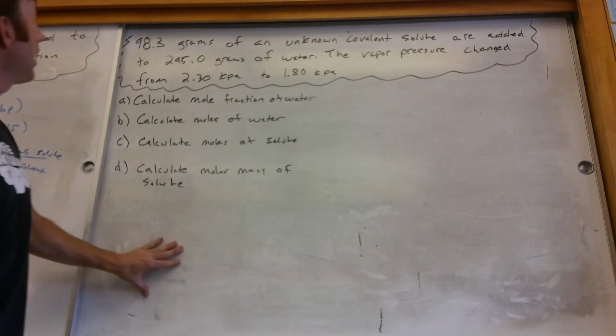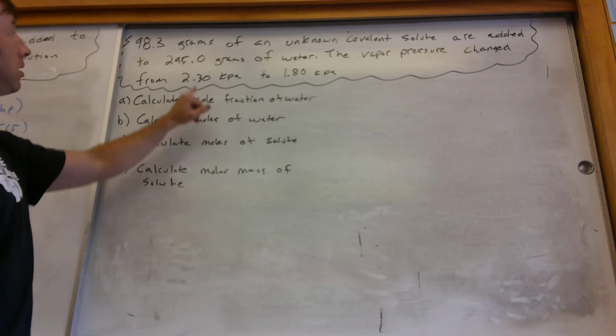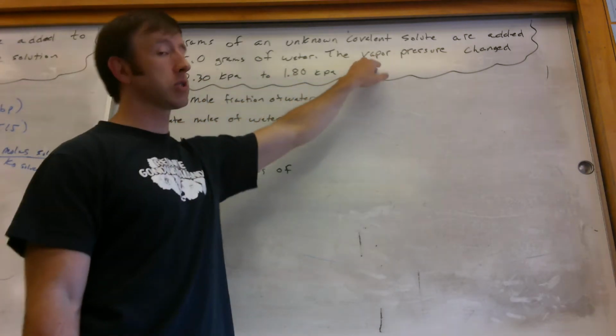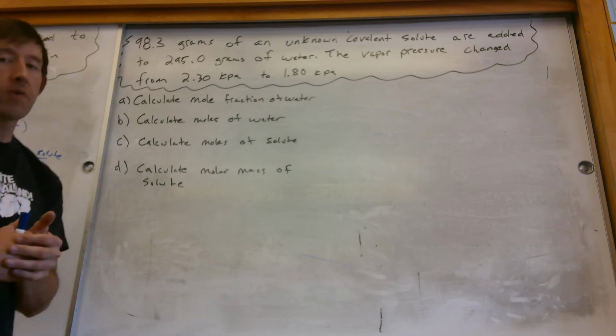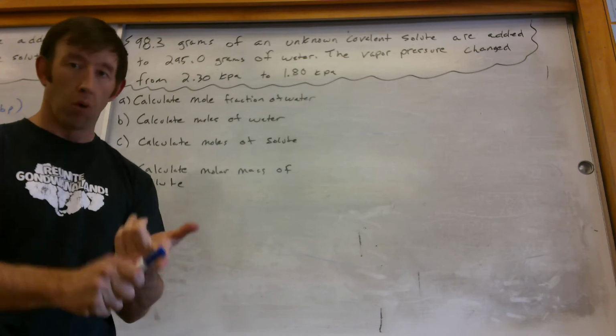There we go. For this question, it is a vapor pressure question, 2.30 kPa, 1.80 kPa. Because it's a vapor pressure question, I know I'm going to involve my mole fraction.